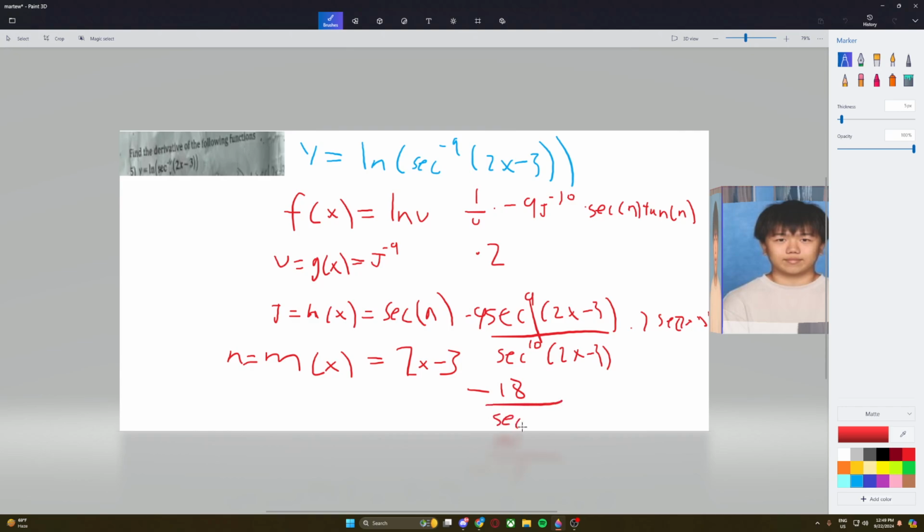So secant 2x minus 3 times secant, and if you can see, you can cancel out these secants. So then the answer is equal to negative 18 tan 2x minus 3.